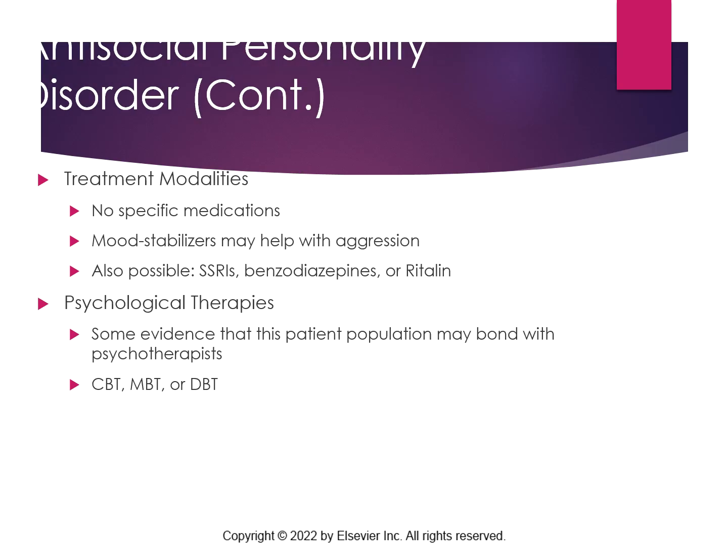And then treatment modalities. There are no specific medications here. Mood stabilizers may help with aggression. Also, it's possible that the SSRIs and the benzodiazepines or Ritalin may be helpful, and that's the physician's call. And the psychological therapies, there is some evidence that this patient population may bond with psychotherapists, and then the use of CBT, mentalization-based therapy, MBT.